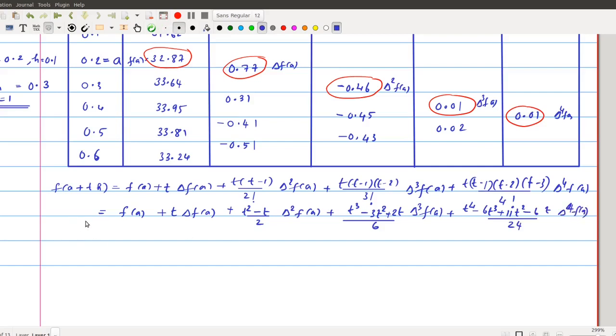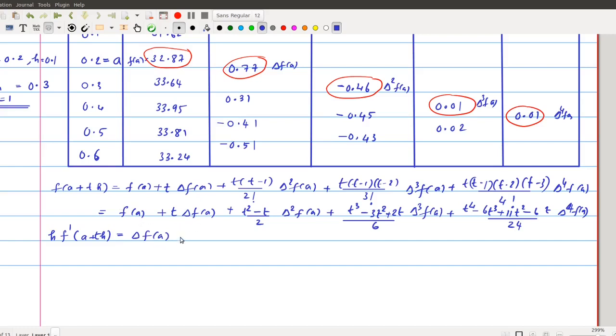Okay, now differentiate this. When you differentiate this, you get h into f dash of a plus th. So this is th, that will be del f of a. By differentiating, we can cancel this.